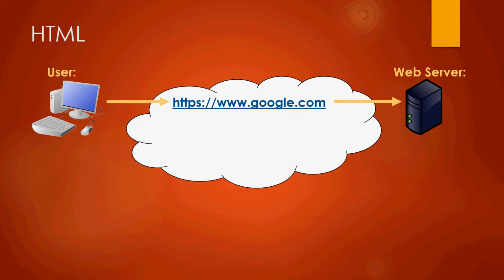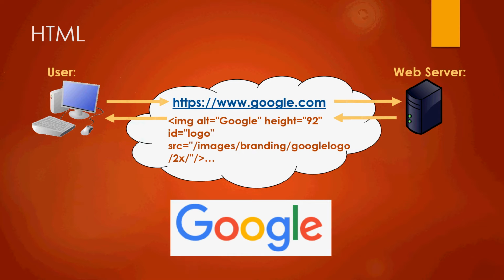In this case it's not IBIS, it's Google. And the server sends back HTML, the structured text, and the user's browser knows how to read the HTML and produce on the page what the link requested.